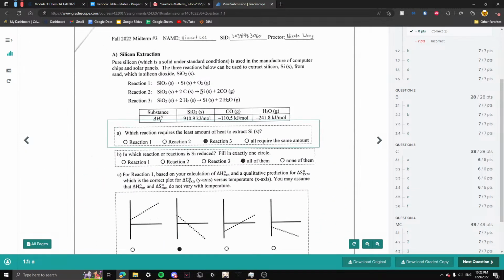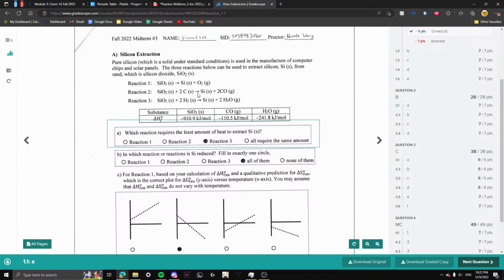So if you look which reaction requires the least amount of heat, just look for something that has like their overall delta H has, I think, the greatest value. So I think you just do the math here where you say, oh, SiO2, so this entire thing would be positive 910, right?